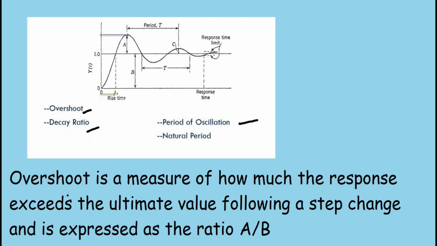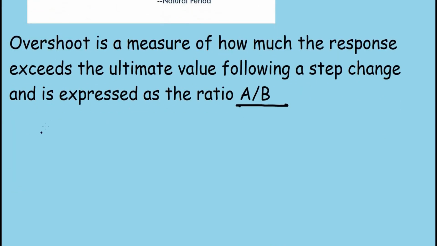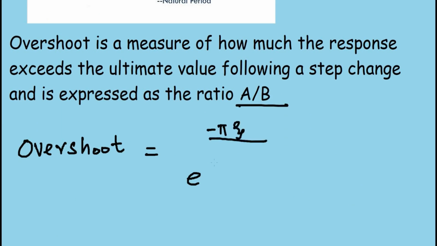So first we will see what is overshoot. Overshoot is the measure of how much the response exceeds the ultimate value following a step change, and it is expressed by the ratio A by B. Here in the figure you can see that this is A and this is B. If I take the ratio A by B, what I get is the overshoot. Another way of dealing with this: you can write directly overshoot equals e power minus pi zeta divided by root 1 minus zeta square.